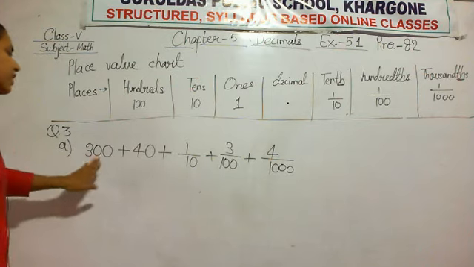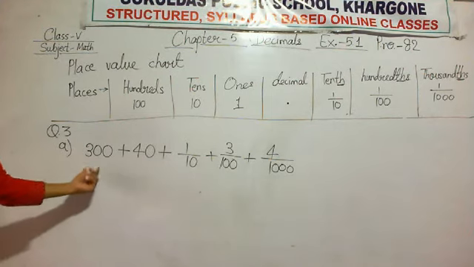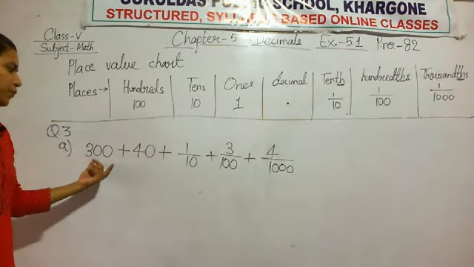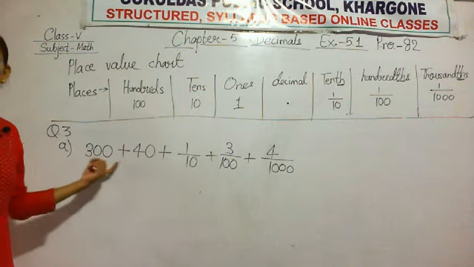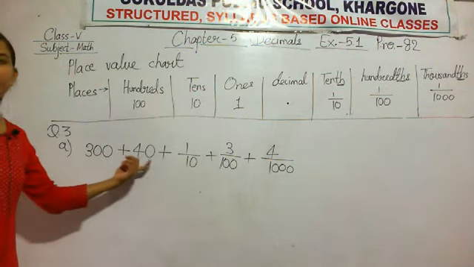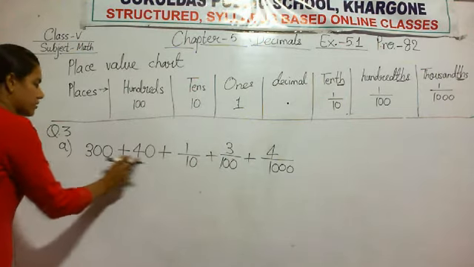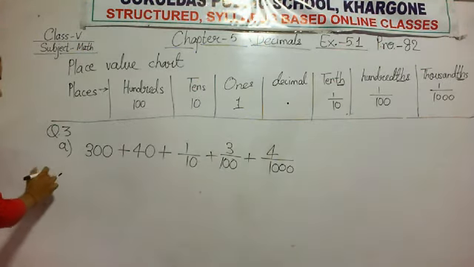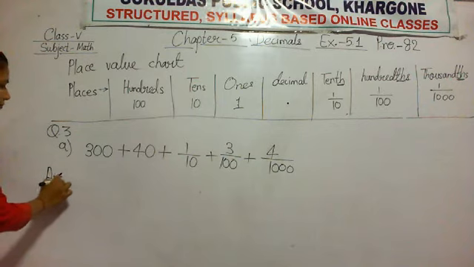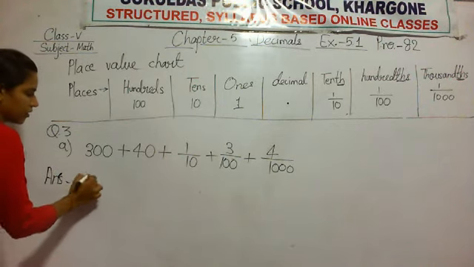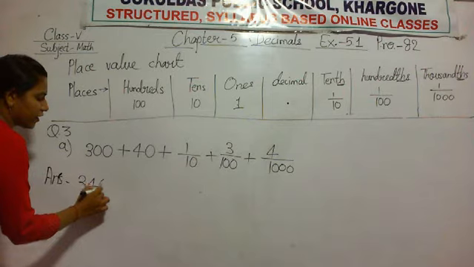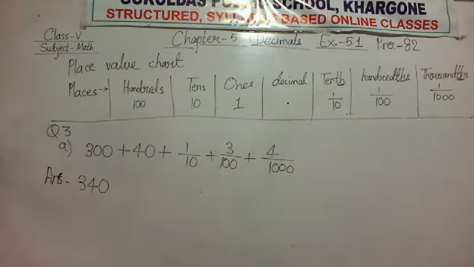So 300 and 40, both these numbers are whole numbers, right? When we add whole numbers, 300 plus 40 will give you 340, right?